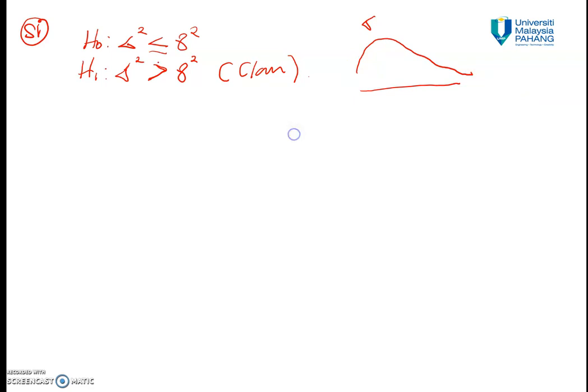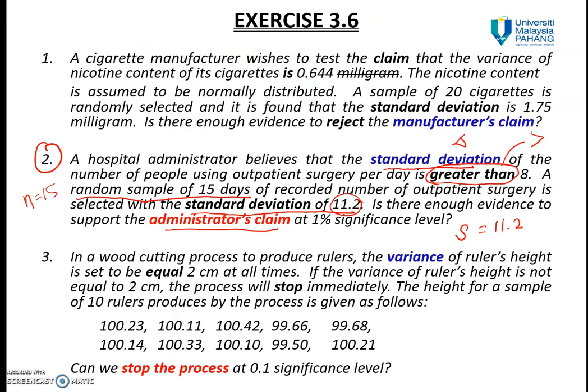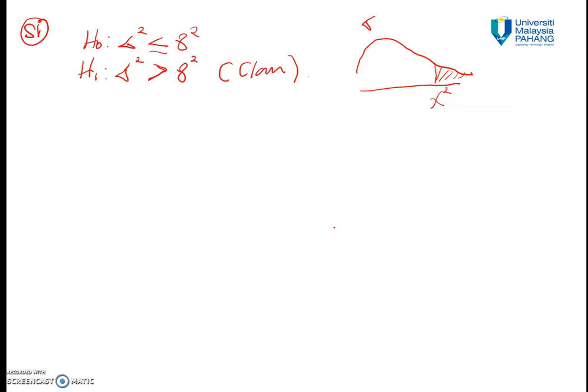So here you can see greater than will be at the right side. So alpha, what is the alpha value here? 1%. So alpha is equal to 0.01. No need to divide by 2, because it's a one tail.